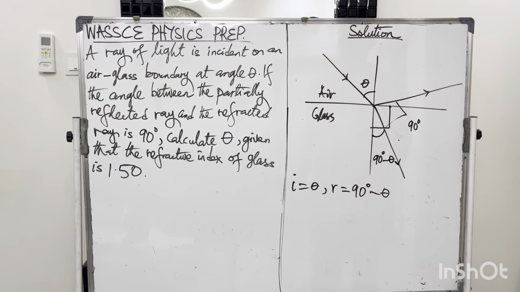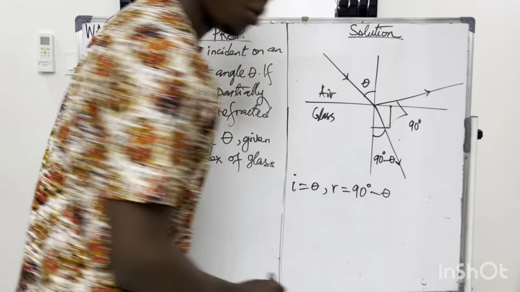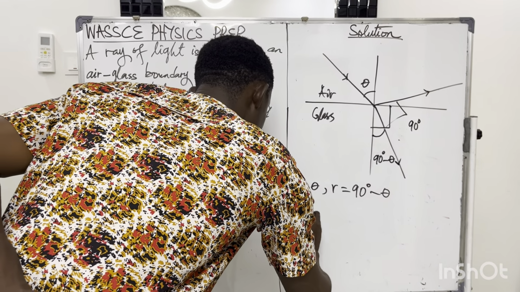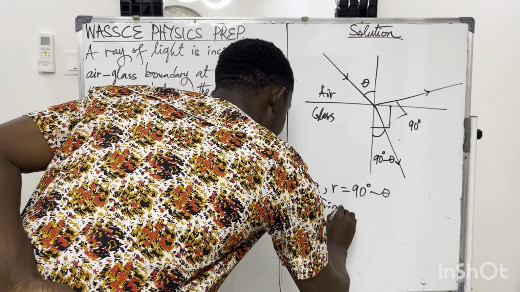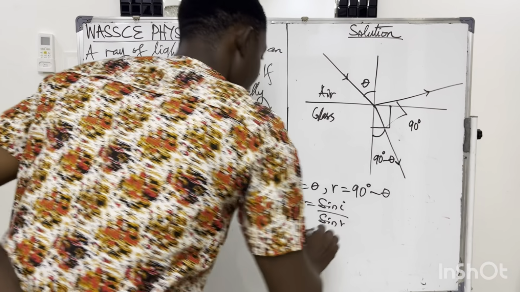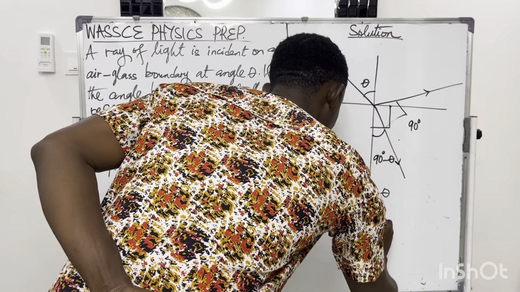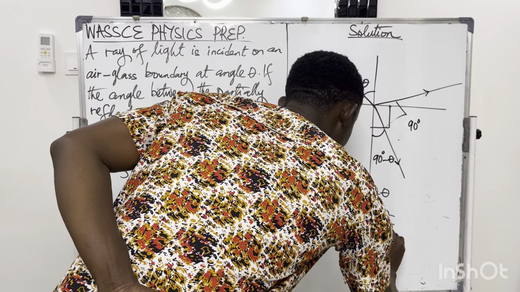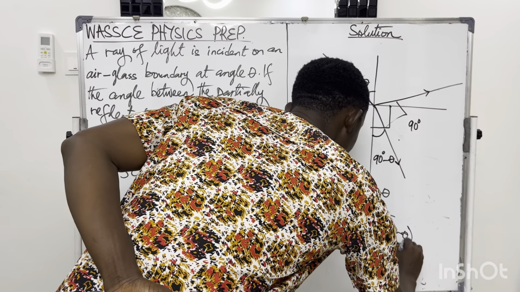So if we use Snell's law to work on this, we'll see that according to Snell's law, n is equal to sine i over sine r, which will be equal to sine theta over sine 90 minus theta.